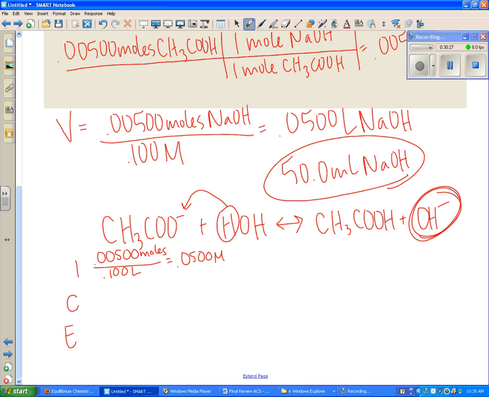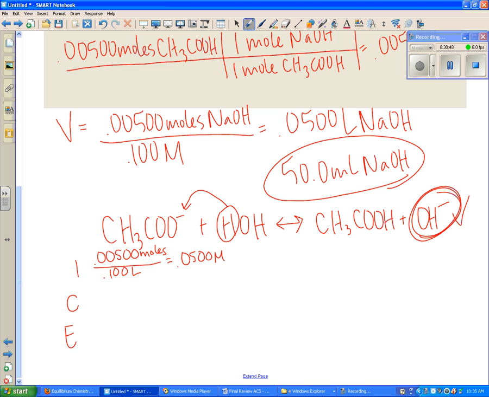So once the acid has completely neutralized the base, I have a 0.0500 molar solution of acetate ions that can react with water, that can form the acid and hydroxide ions, which is what affects the pH.